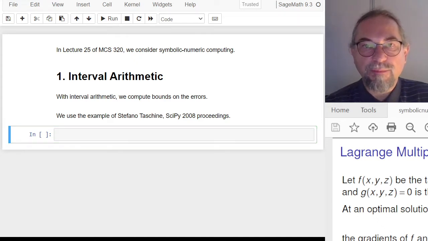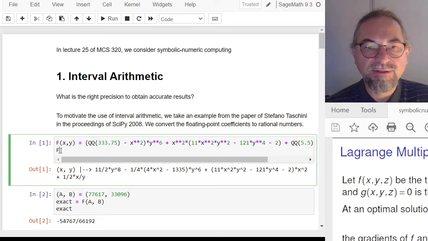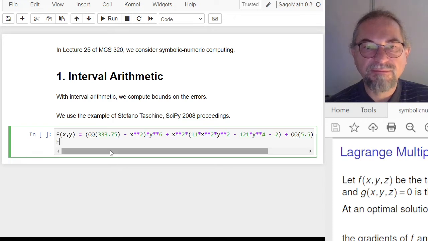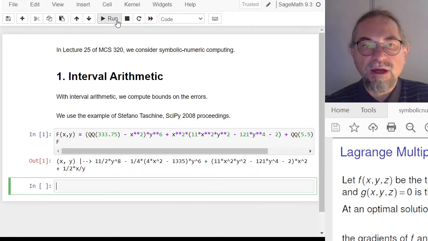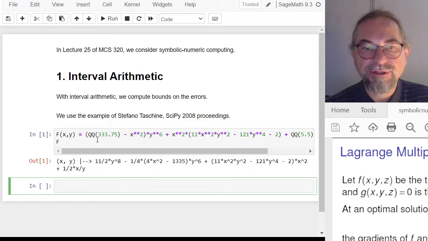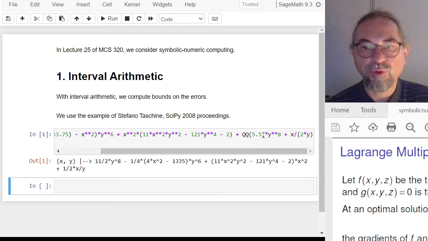All right, I will copy the expression because I will make typos, and it's actually not so interesting to see me making type errors. So this is an exact expression. The original expression has two decimals in there, but they are converted into rationals.